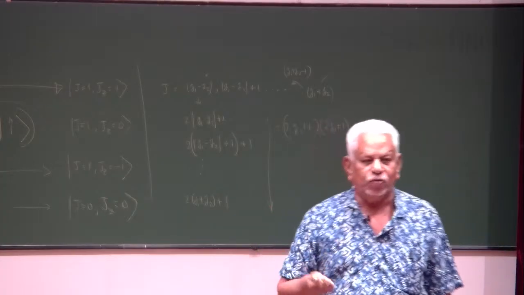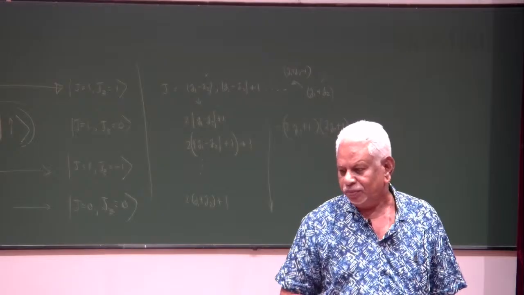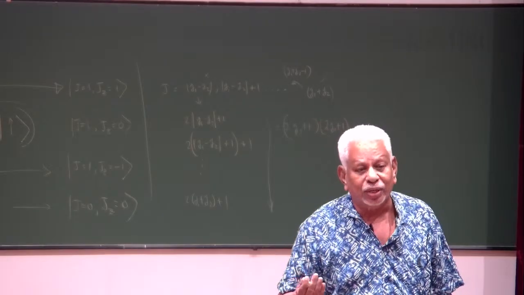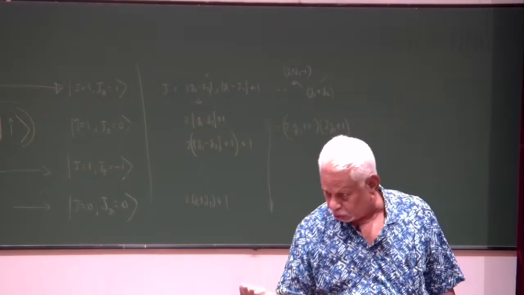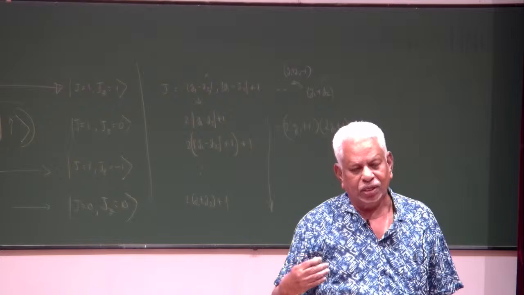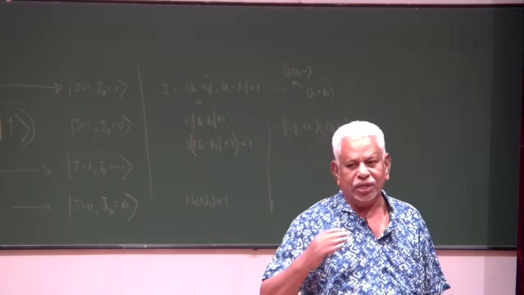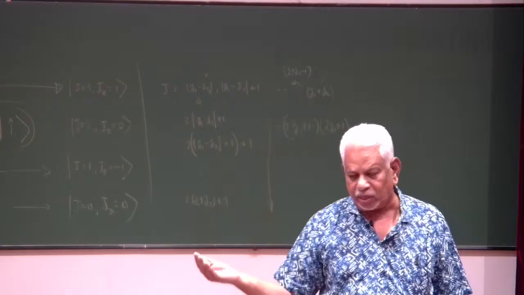Spin half and spin 1 will give you what are the possible angular momenta. The total angular momentum can be 1 and half, so it should be 3 by 2 maximum. You should reduce by 1 unit, only half. So it can be a half and a 3 by 2, spin half and spin 3 by 2.